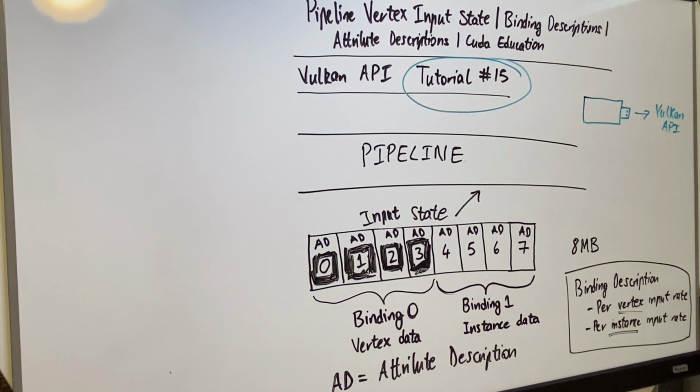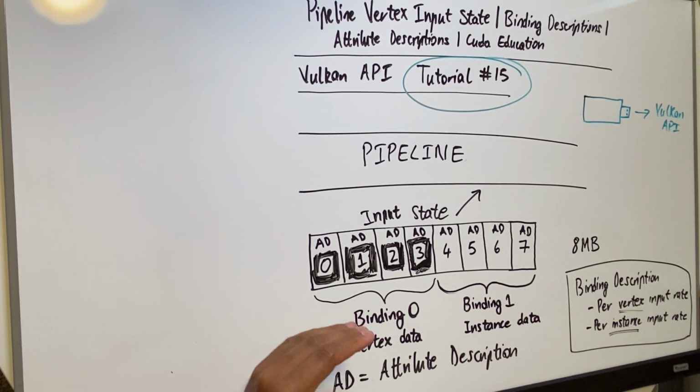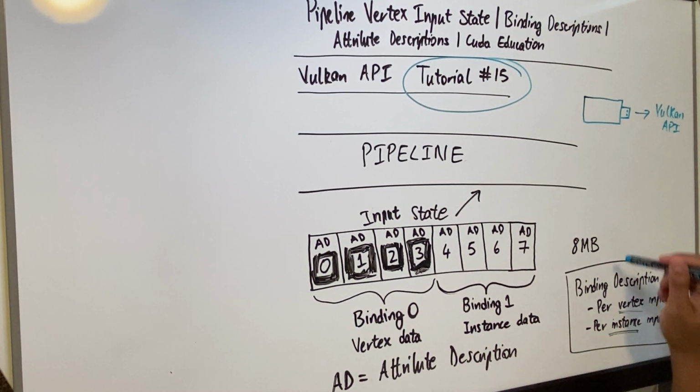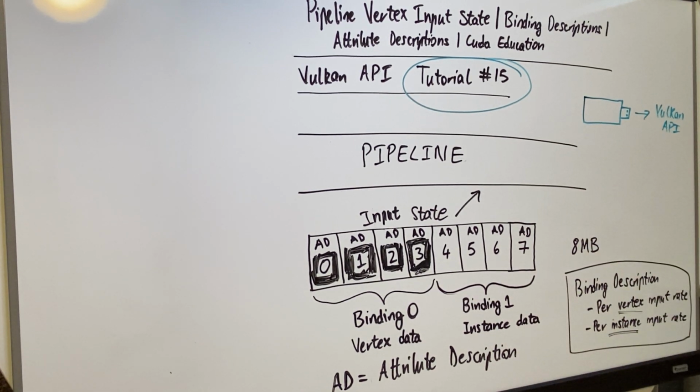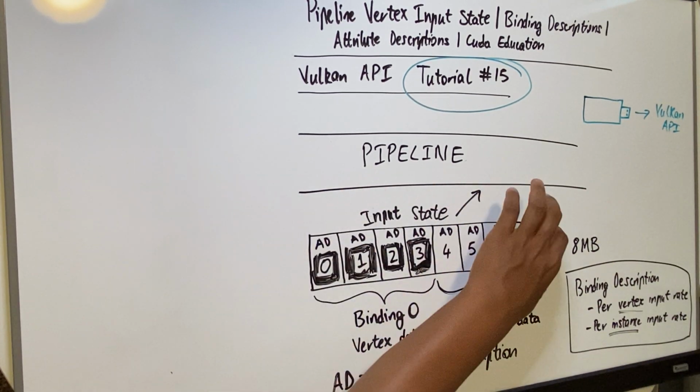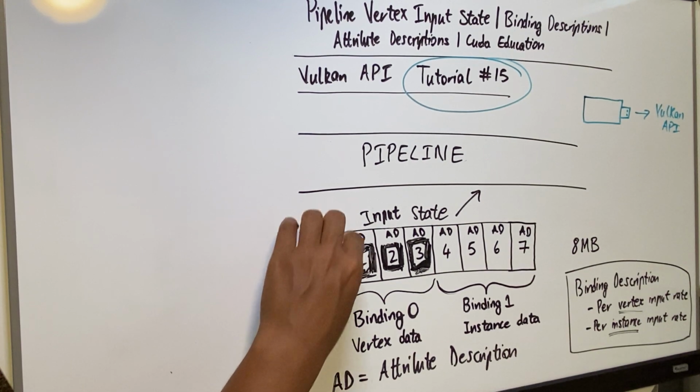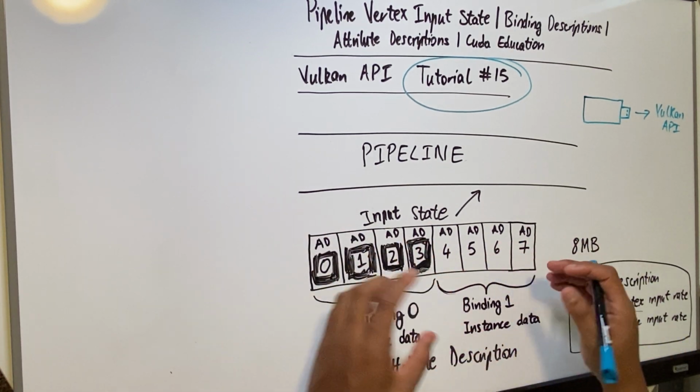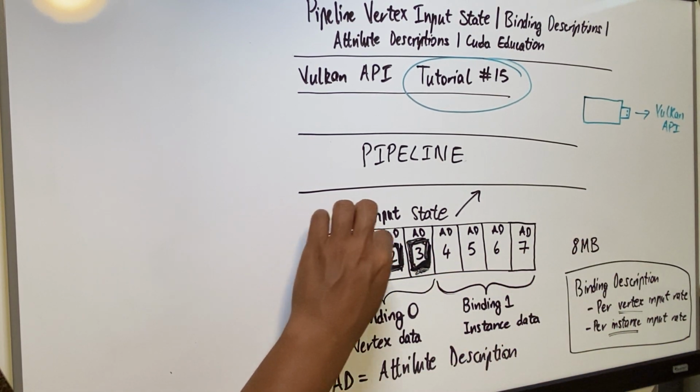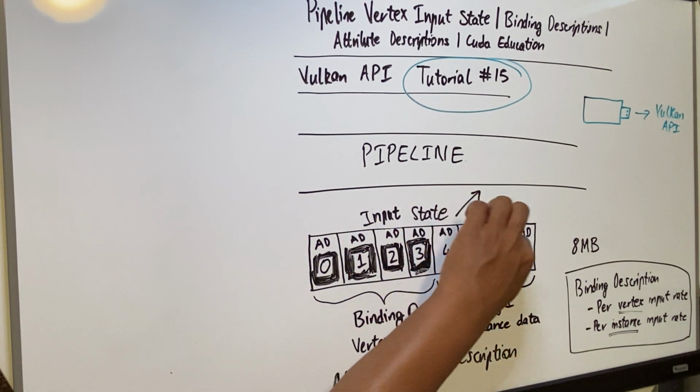So what this does is, let's say the USB stick that you give to the Vulkan API has 8 megabytes worth of data. On those 8 megabytes, it's split up into different pieces by location. So you have location 0, 1, 2, 3, 4, 5, 6, 7.